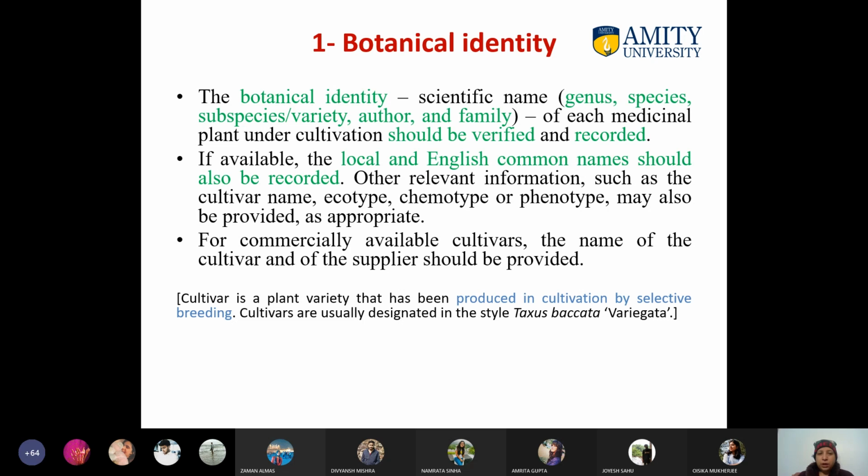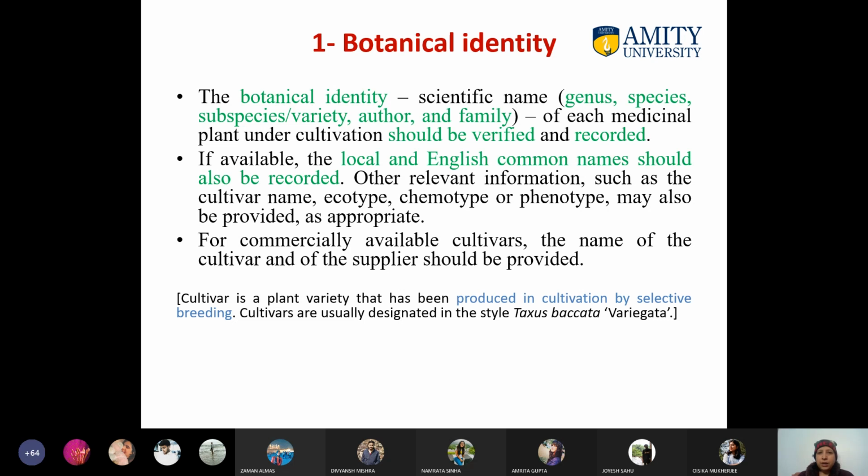So for that you have purchased quality planting material from a verified supplier, of the seeds or of the cuttings, whatever planting material you are taking. Then all these things have to be recorded and documented.